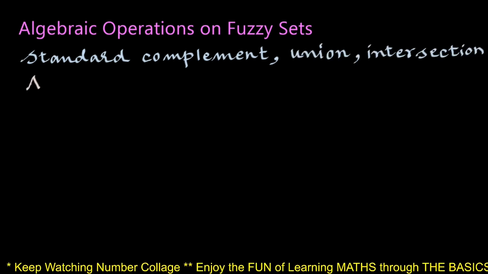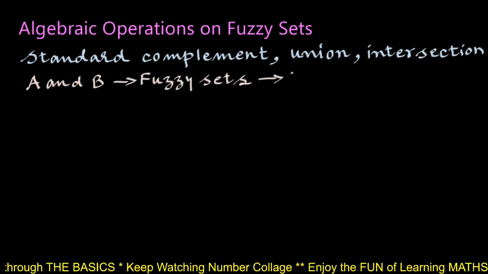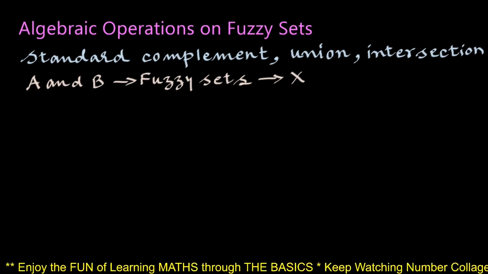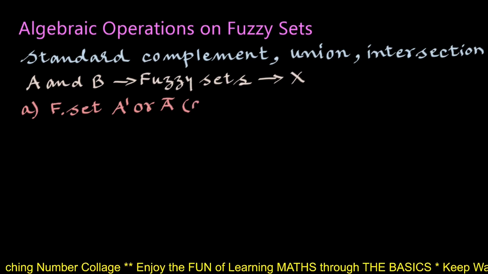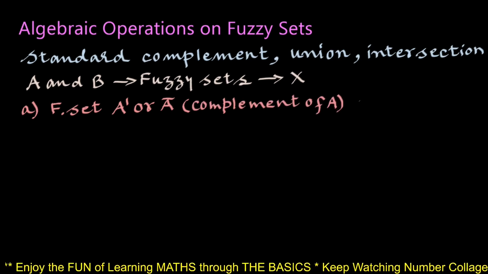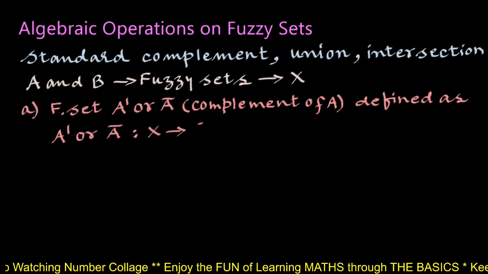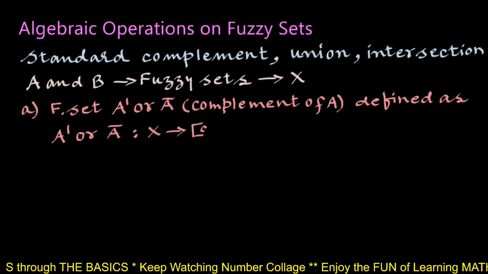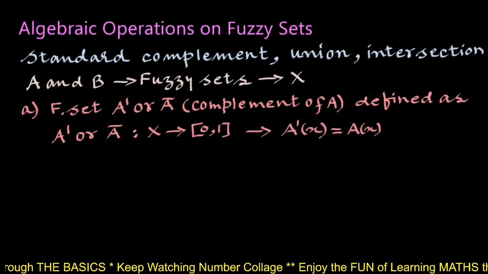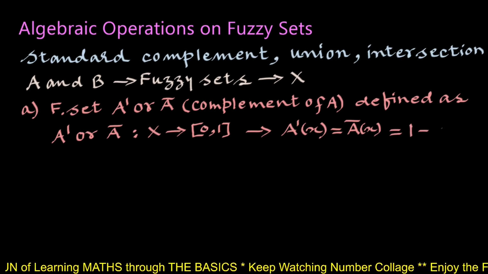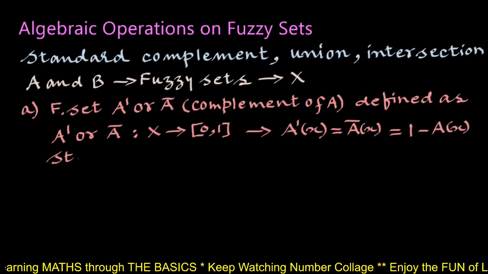Let A and B be two fuzzy sets on the same universal set X. Then the fuzzy set A dash or A bar, which is the complement of A, defined on X with grade values from 0 to 1, where A dash of X is 1 minus A of X, is called the standard complement of A.